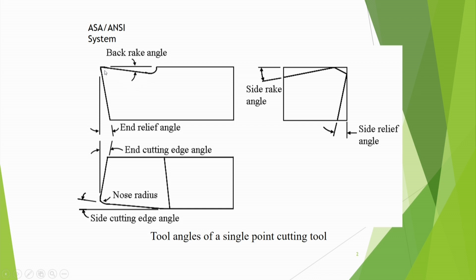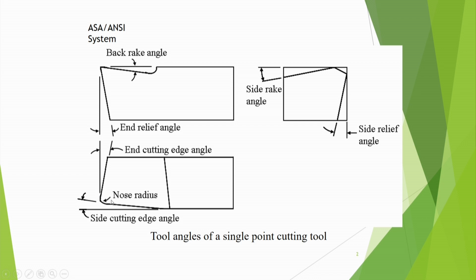So if we see the front view of the tool, then we are seeing the back rake angle. It is also called the top rake angle. Then we have the end relief angle, and in the top view we have the side cutting edge angle and the end cutting edge angle, and this one is the nose radius that is apparent in the top view.